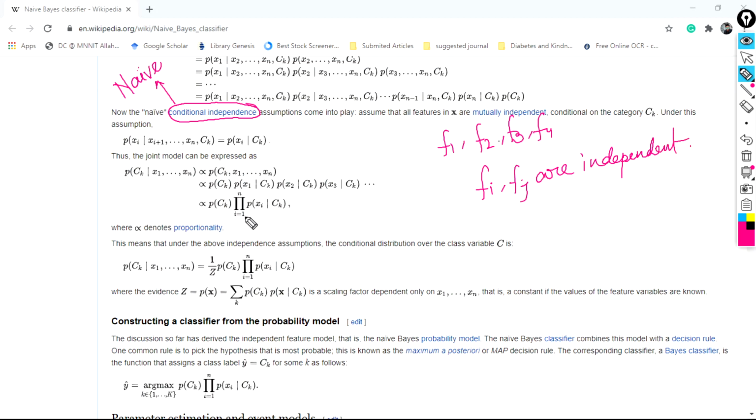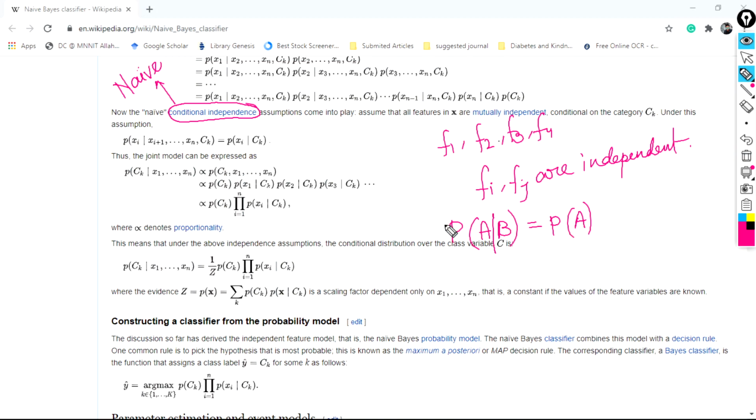We saw the mathematical formulation of mutual independence in the second lecture: if we have two events A and B, they are mutually independent if the conditional probability of A given B equals the probability of A.